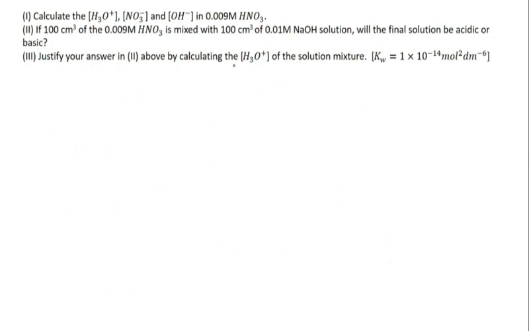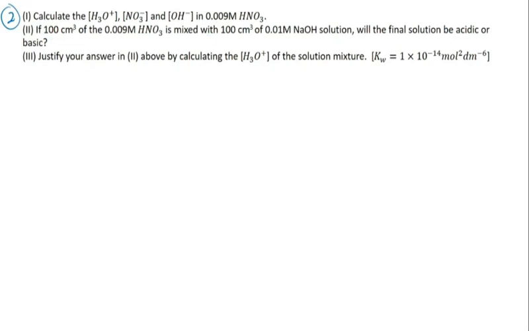Example number 2. We are to calculate the H3O+ hydronium ion concentration, the NO3 minus concentration, and then the OH minus concentration in 0.009 molar nitric acid, HNO3.